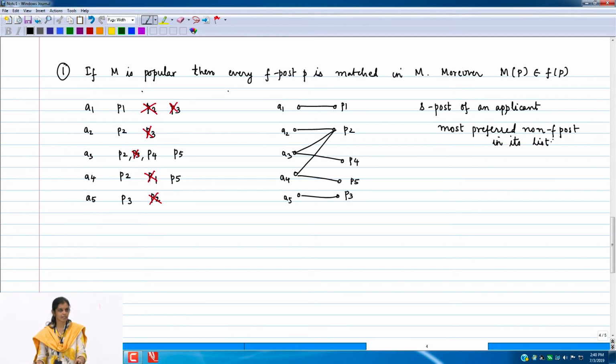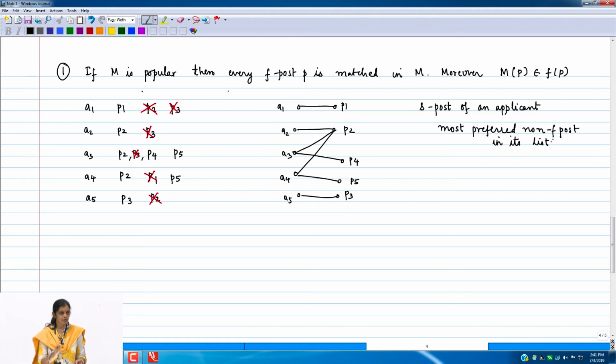So I hope it is clear what non-F posts mean. F posts are posts which are rank 1 post for any applicant, and we have done a pre-processing of the preference list. That is, we have deleted, or think of marking, edges to posts which are F posts for somebody.